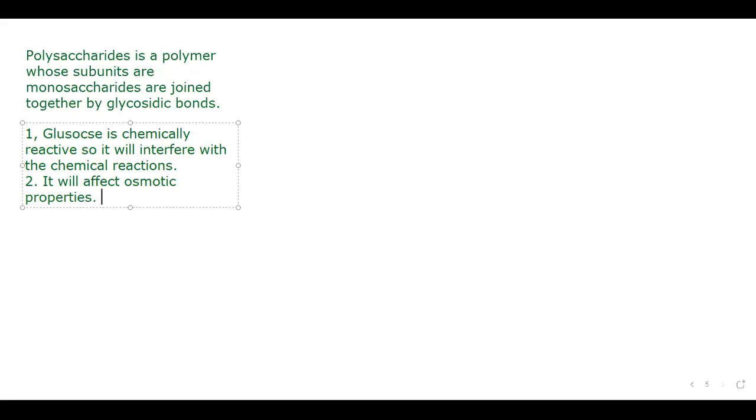Another major reason is that by converting it into a polymer, we save a lot of space.